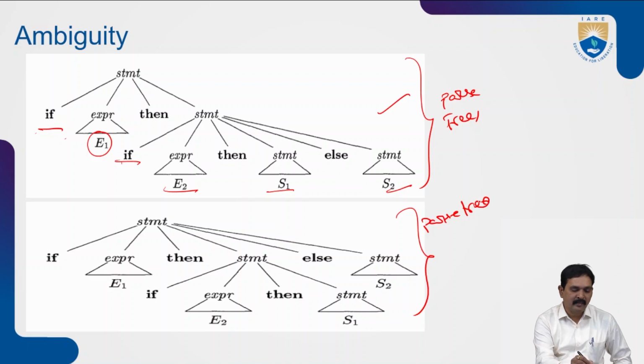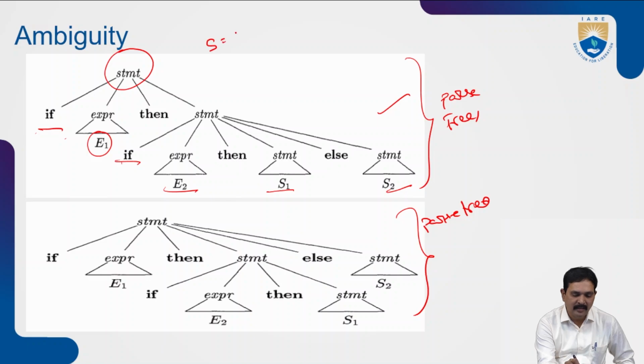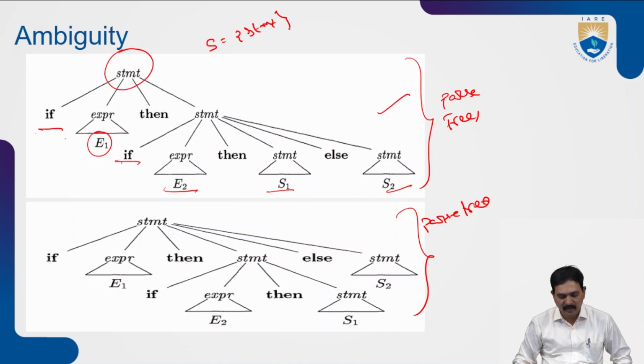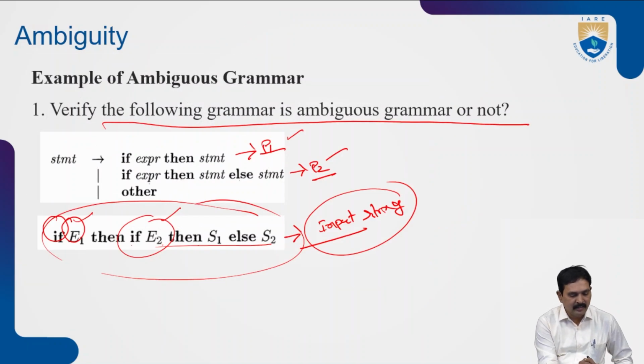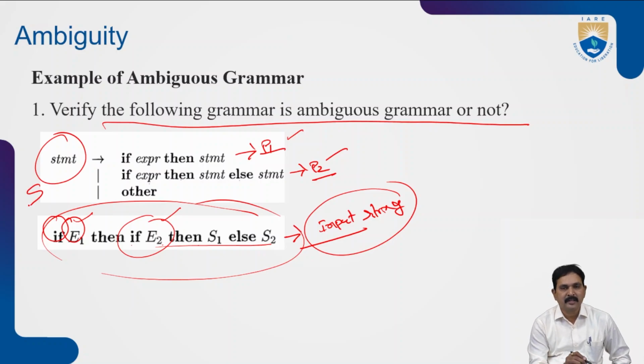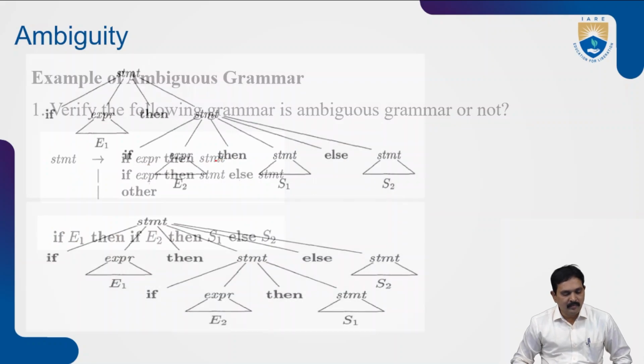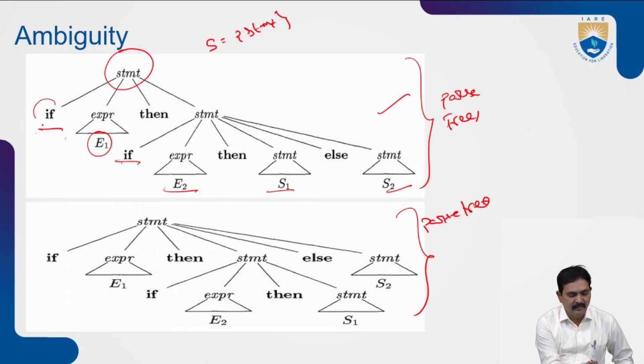Here you check the derivation: we started from the starting variable, which is nothing but statement. As per the productions, this is the starting point, so it becomes the root node. It derives if expression then statement. I'm taking the same thing, if expression then statement.